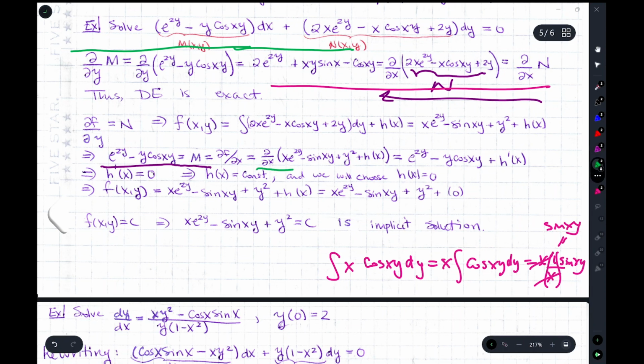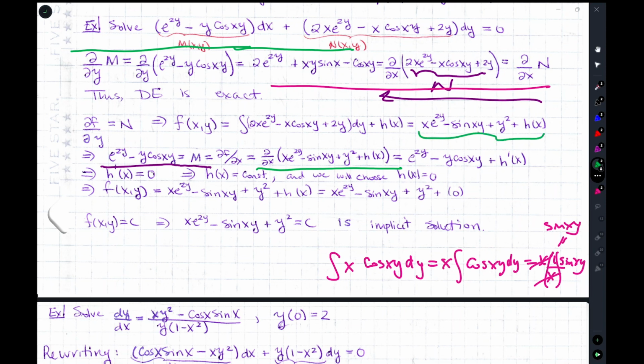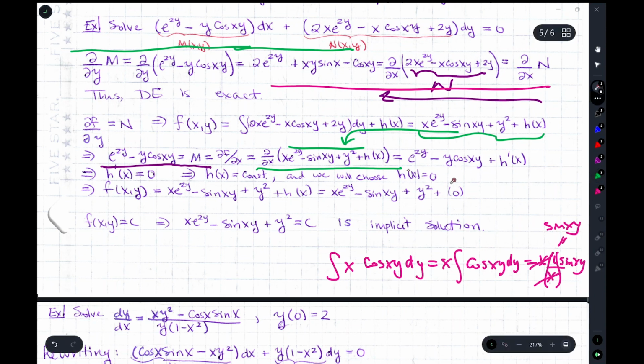That's another concept. That's taking the partial derivative with respect to x of what we just found here. So you just plug that expression into this. You take the partial derivative with respect to x, and you get what you see there on the right. You have these equal to each other, and so you could solve for h of x.